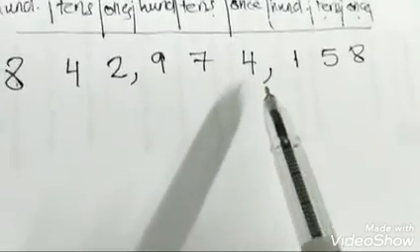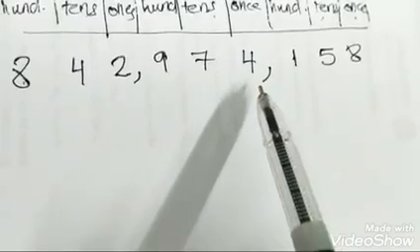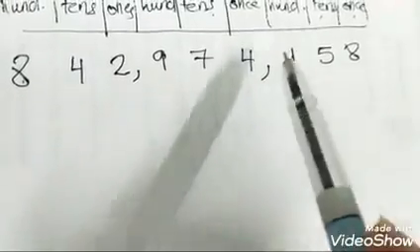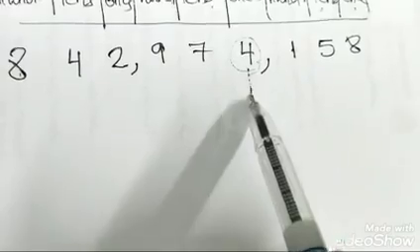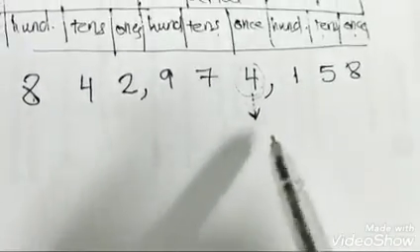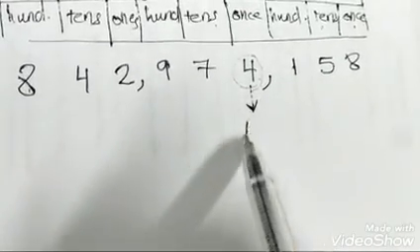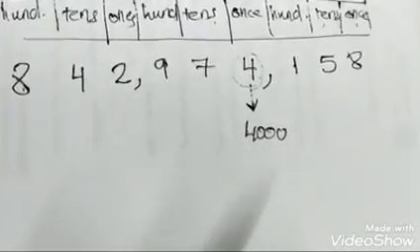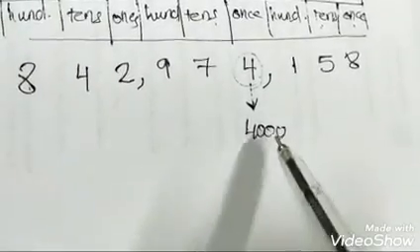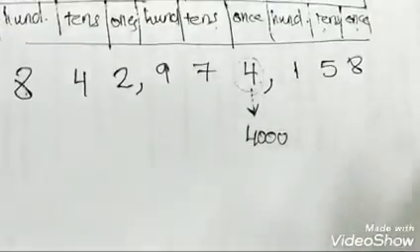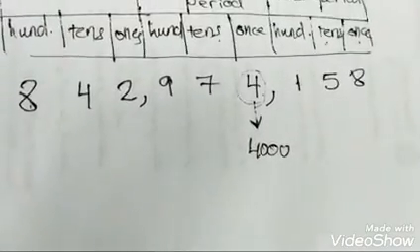The value here is 4,000, and the place value for it is thousands.